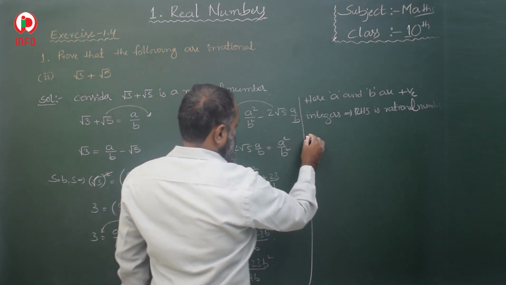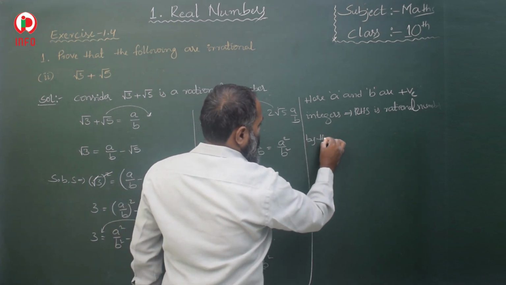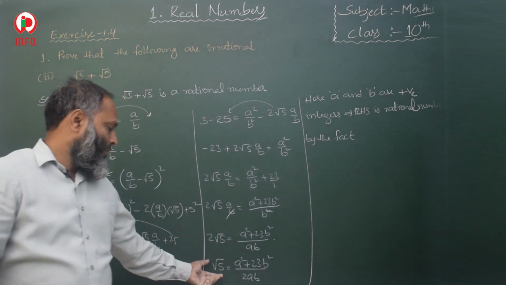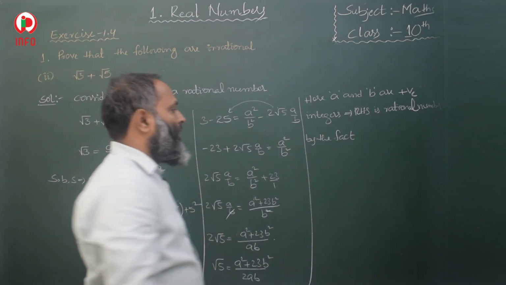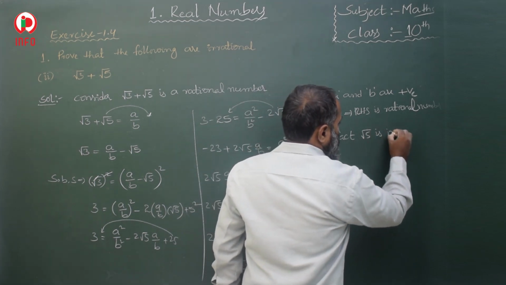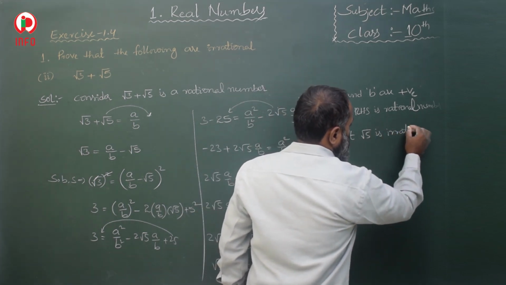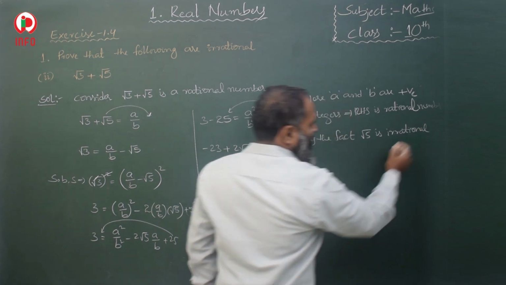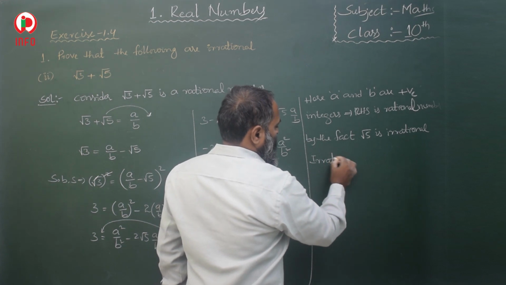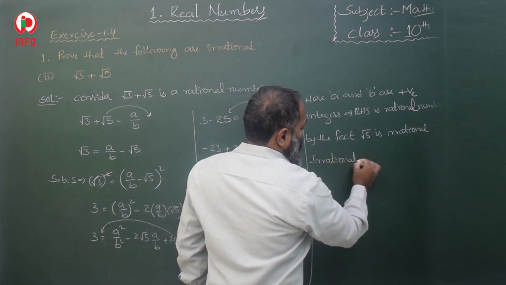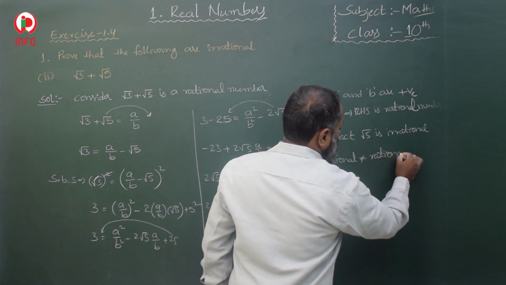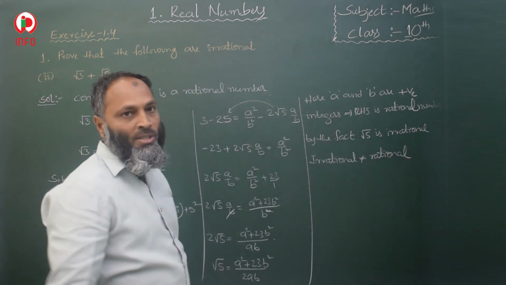But by the fact that root 5 is an irrational number, irrational is not equal to rational. So our assumption is wrong.